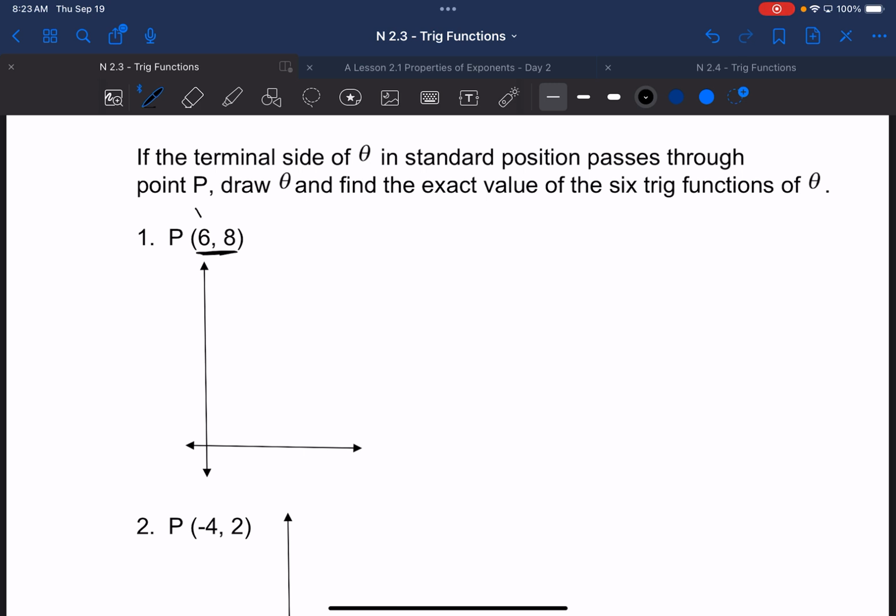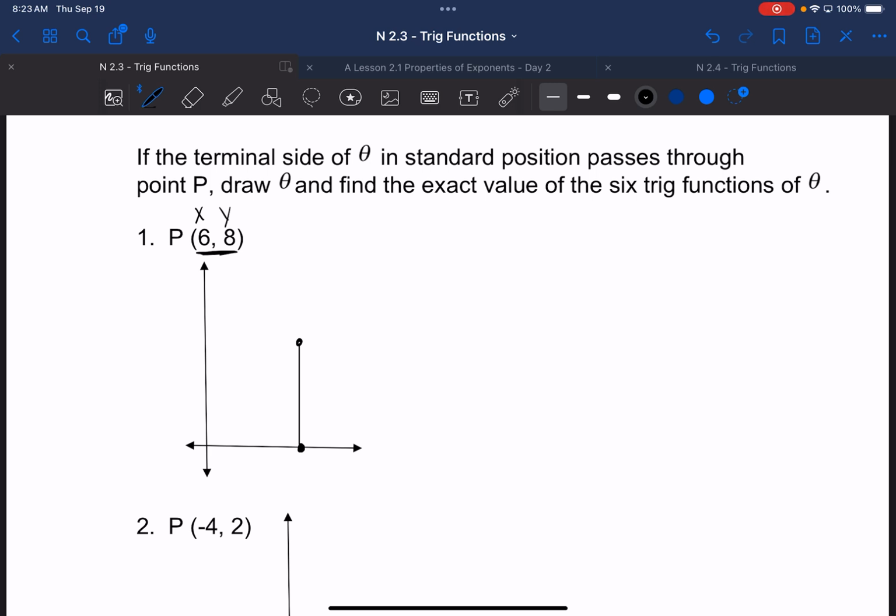Okay, well this is our x value, and this is our y value in a coordinate, right? So this should mean I'm going over 6 units and up 8 units, right? Okay, so over 6 units might put me somewhere in here. And then up 8 units probably puts me somewhere right about here.